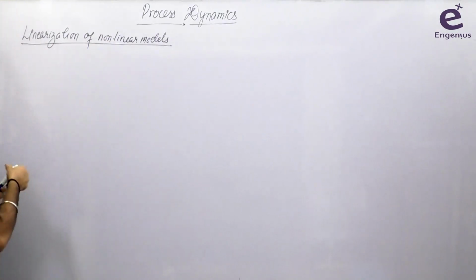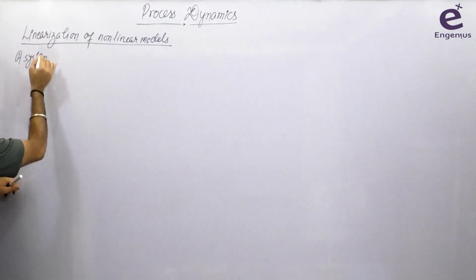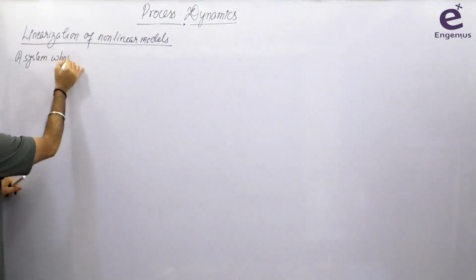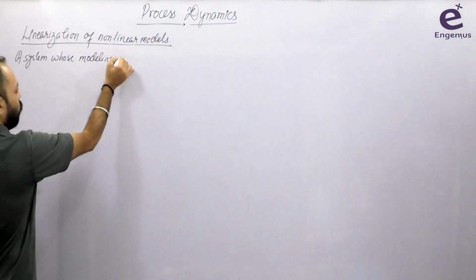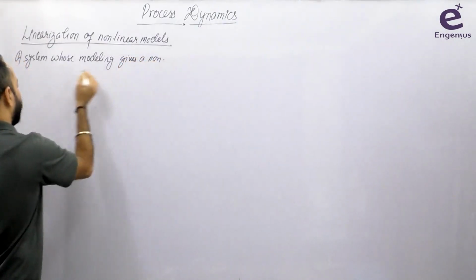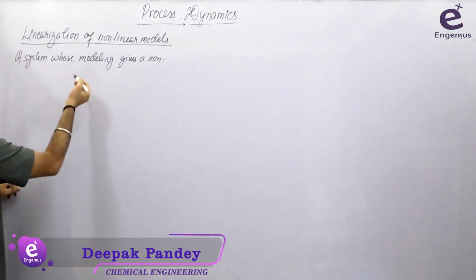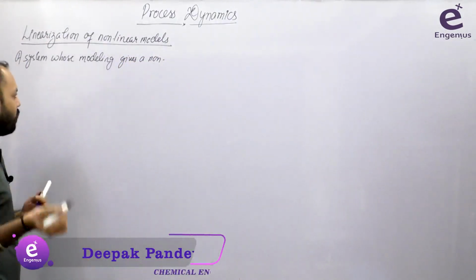So write down the definition first. A system whose modeling gives a non-linear differential equation. Now you know modeling, so I'm not writing those things. A system whose dynamics can be explained, whose behavior can be represented.